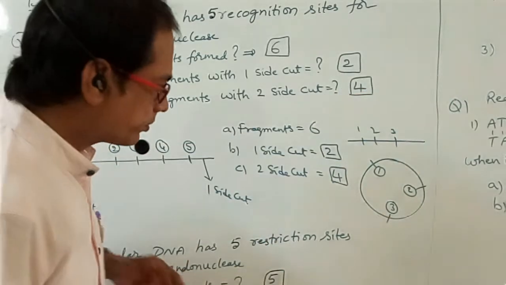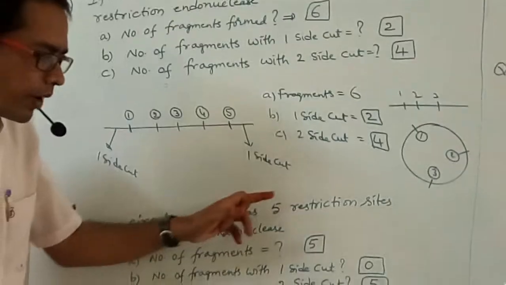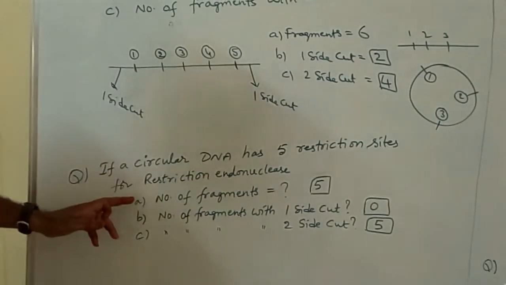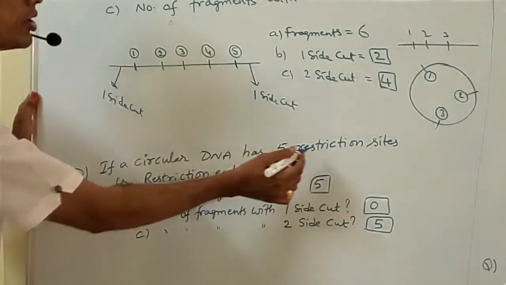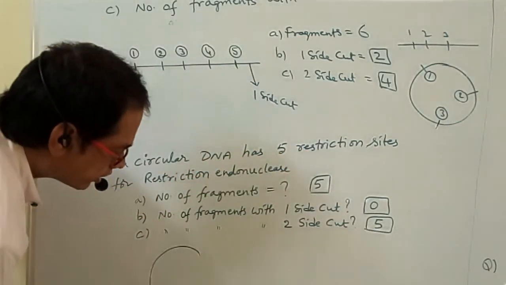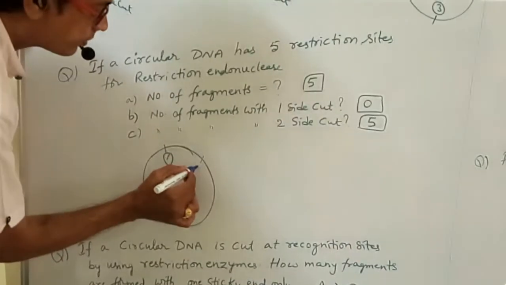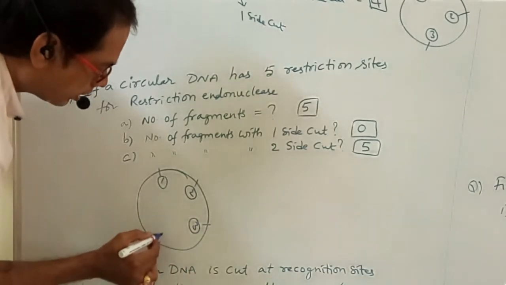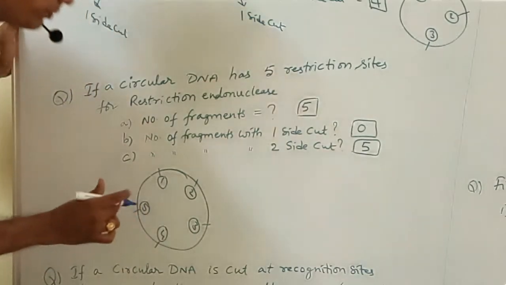Okay? Right. If a circular DNA has 5 restriction sites for restriction endonuclease, number of fragments is equal to? That means how many restriction sites are given? This is 1, 2, 3, 4, 5.